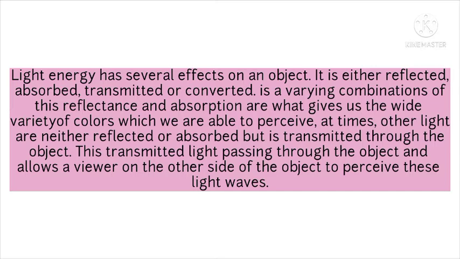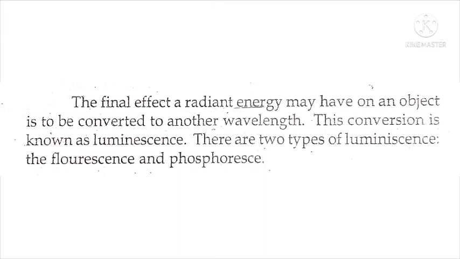At times, other lights are neither reflected nor absorbed but are transmitted through the object. This transmitted light passes through the object and allows a viewer on the other side to perceive these light waves.